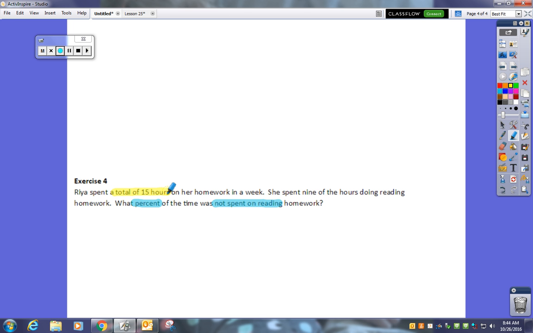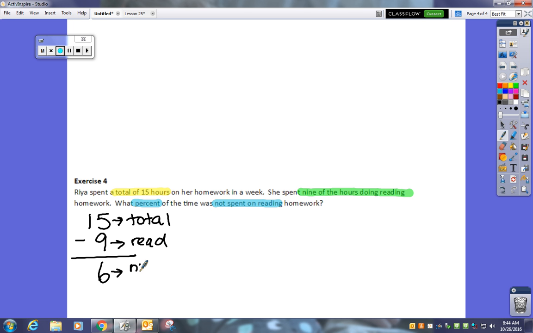And we also have the number of hours that she did spend on reading. So once again, we have to find the number of hours not spent on reading by taking our total, subtracting the number of hours spent on reading to get the number of hours not reading.